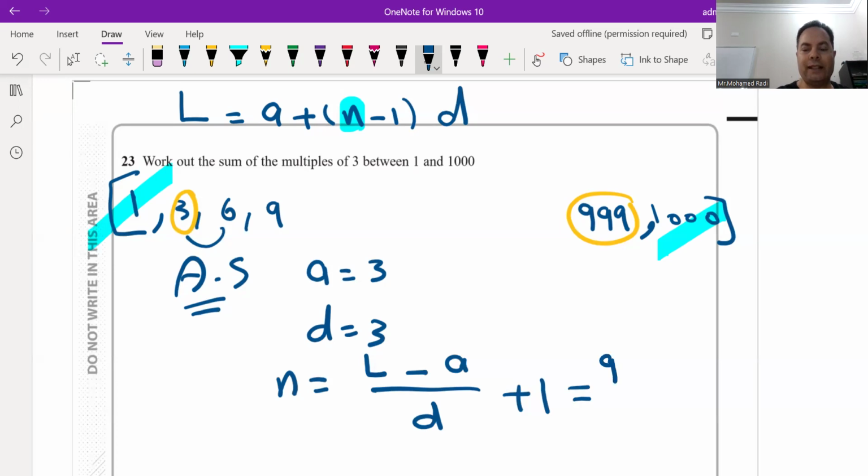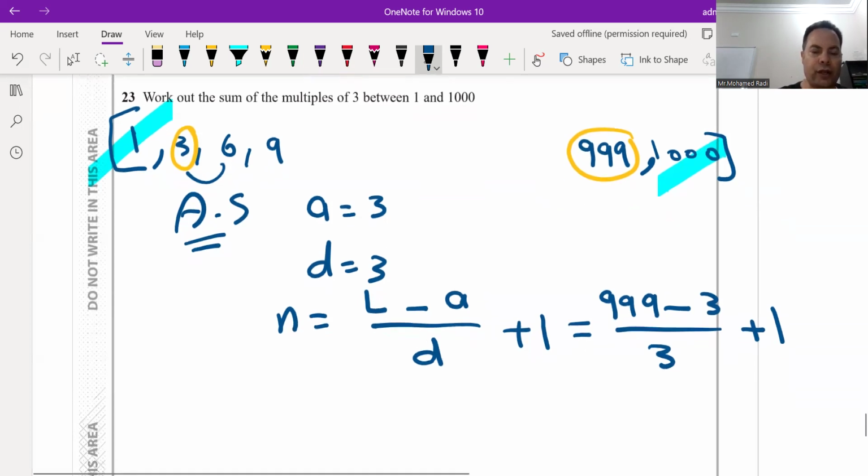The last term is 999, the first term is 3, and the common difference is 3. So the number of terms is 999 minus 3 divided by 3, plus 1, which gives 333.